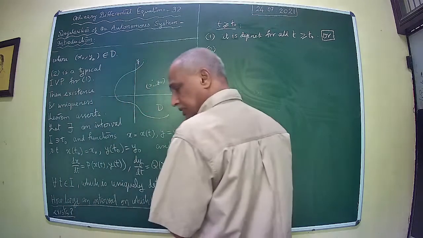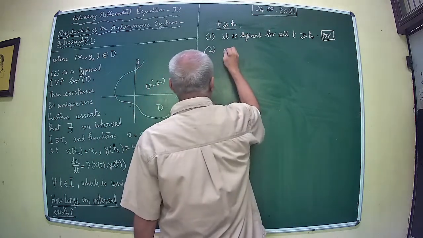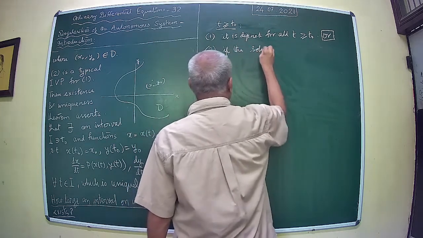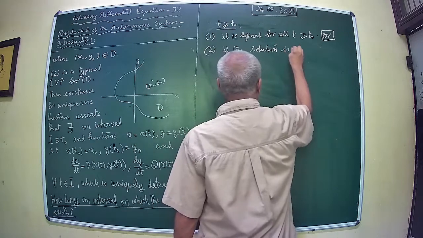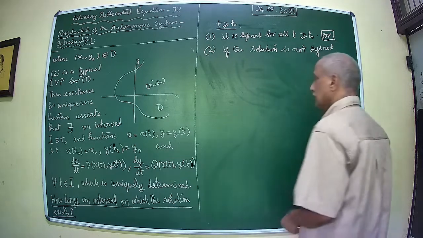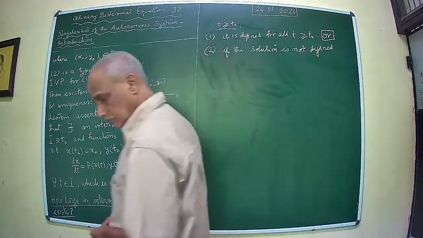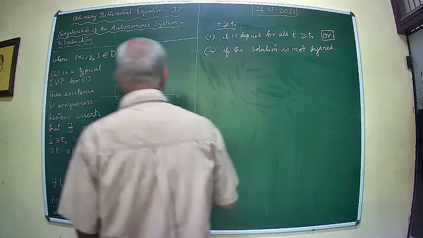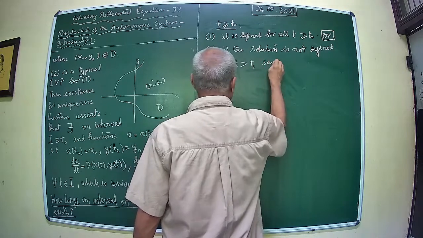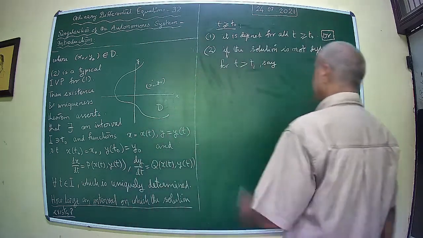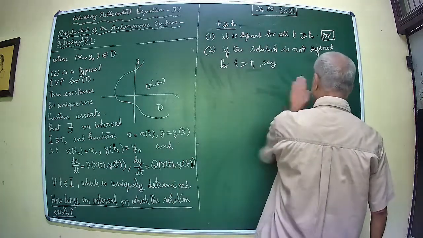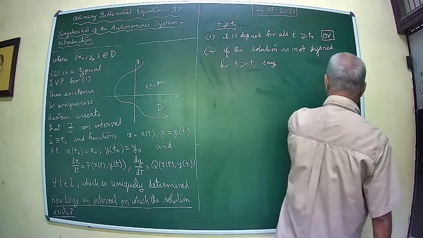If the solution is not defined for t greater than t1, say. Now we are assuming t1 is also greater than t0, okay, for the time being, and I'll make a statement for t less than t0.